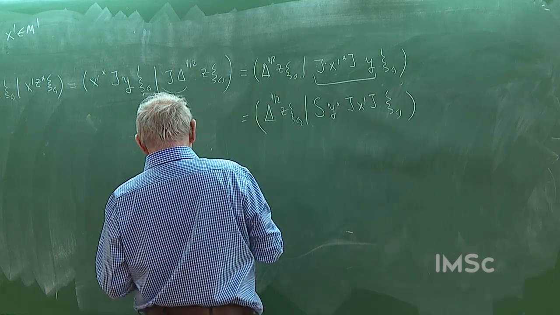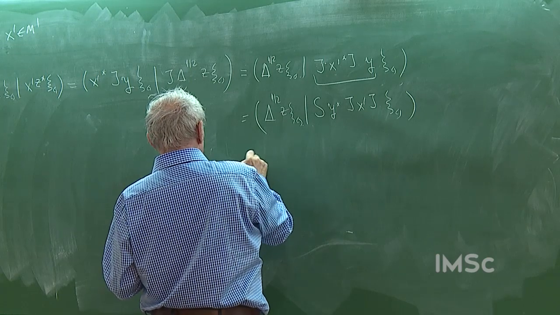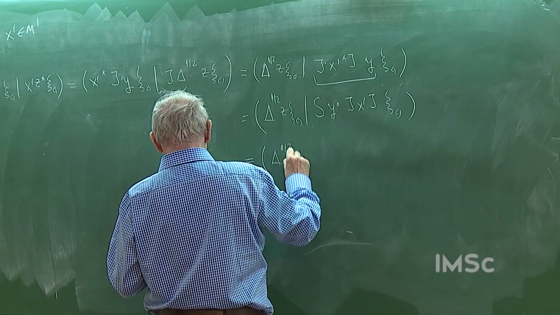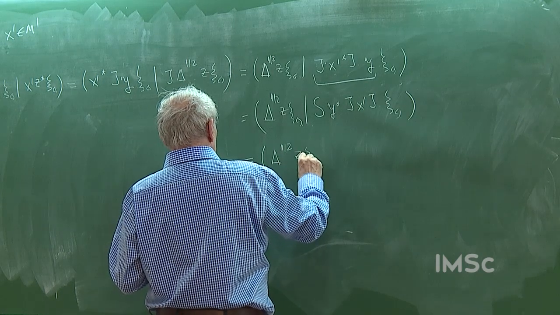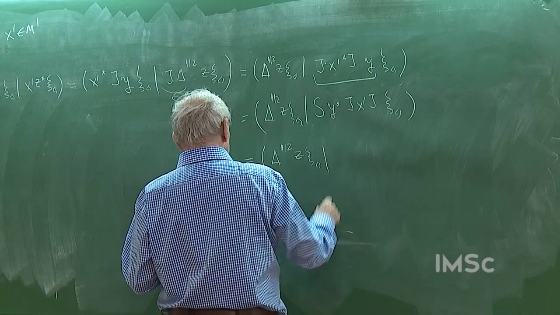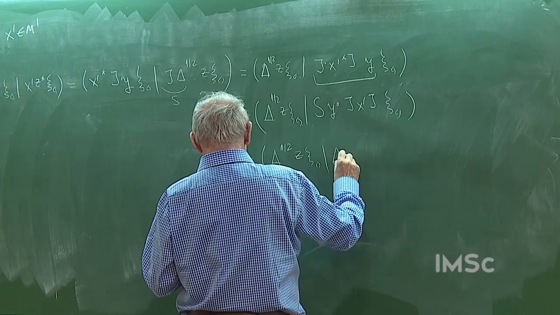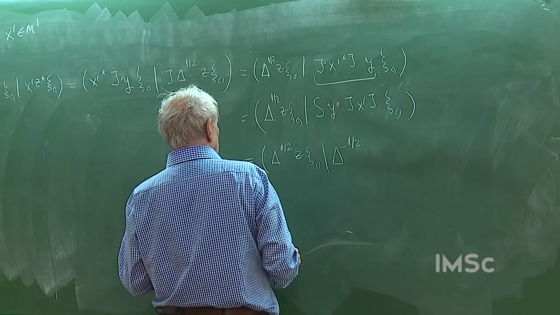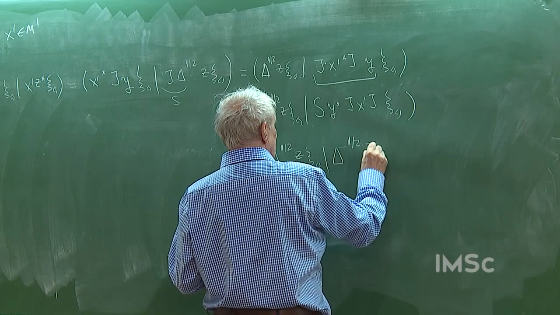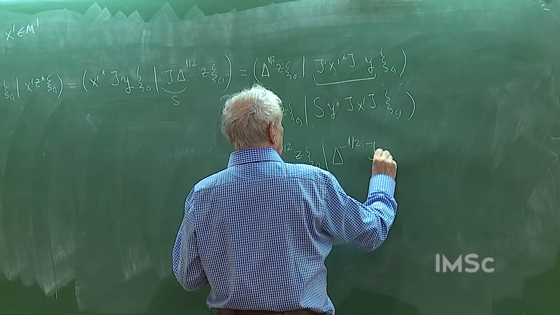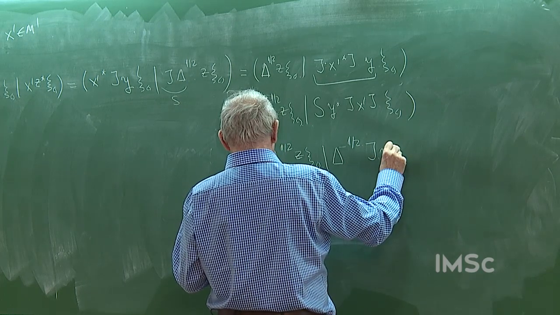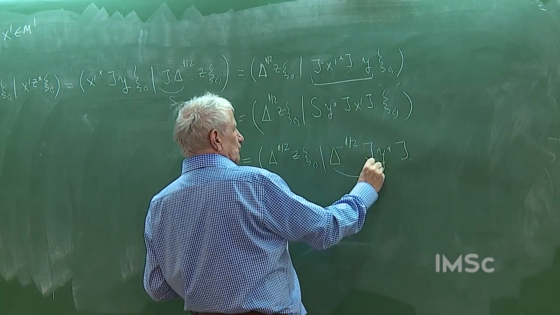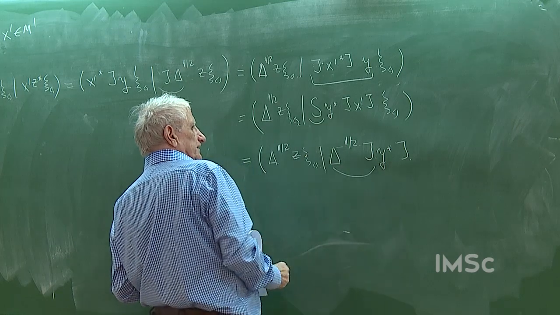It's equal to this. And then this is equal to delta power 1/2 Z psi naught times delta power minus 1/2 J Y star J. Okay, delta minus 1/2 J is this S in here.